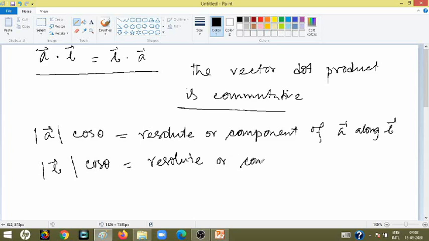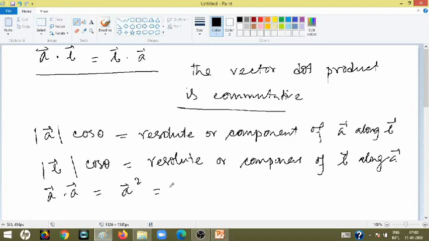The resolute or component of B along A. Now it is a convention that we may denote A dot A equal to A square. This is a scalar quantity.